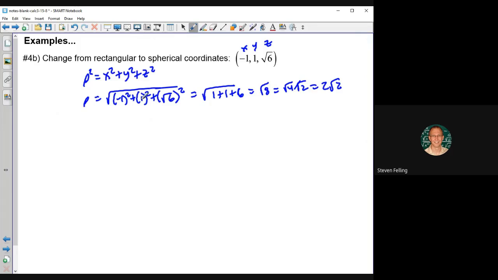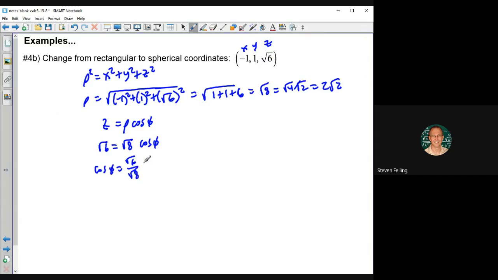So we could get the phi angle from the fact that z is rho cosine of phi. So if I know that z is square root of 6, and I know rho is the square root of 8, then I could calculate what the cosine of phi is. Cosine of phi is the square root of 6 over the square root of 8. Could I turn that into some standard form?